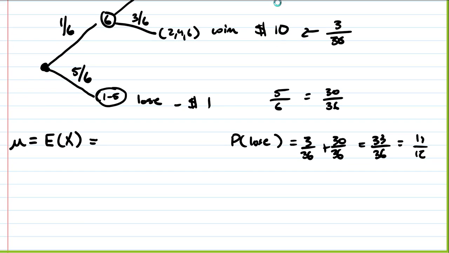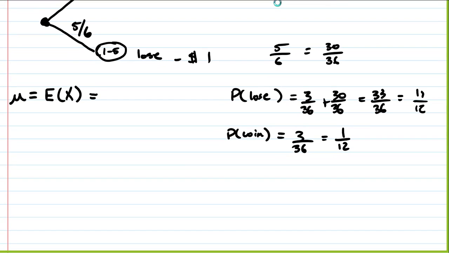And our probability of winning is 3 over 36, which is going to be 1 out of 12.